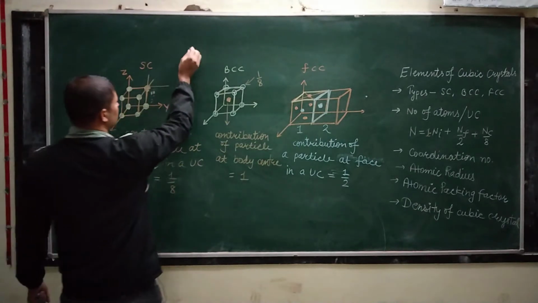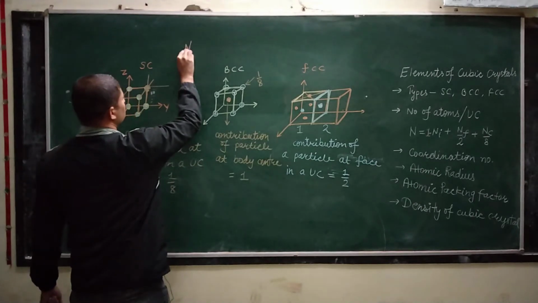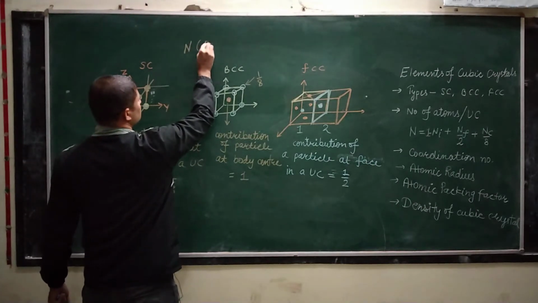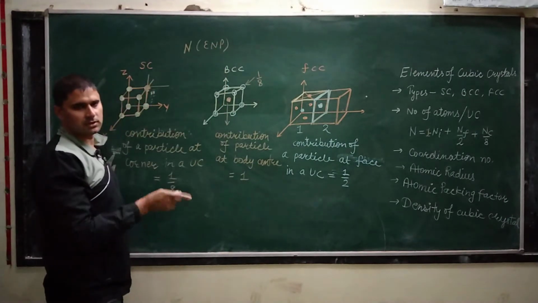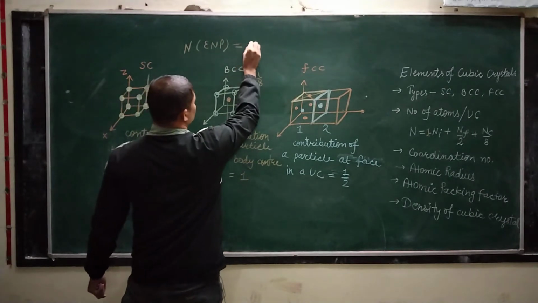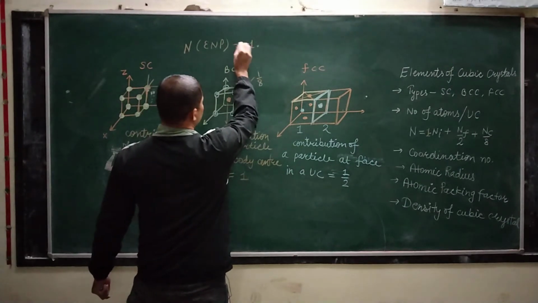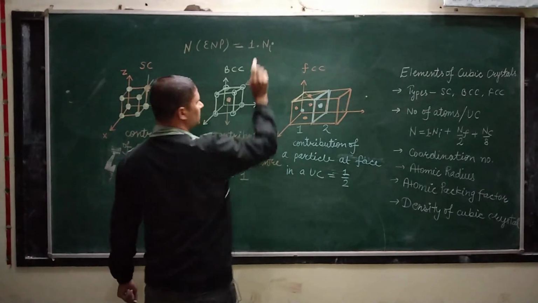I am writing it again here. The number of particles n, this is the effective number of particles. In short, the effective number of particles in the cell is equal to one time, meaning full contribution, of the particles which are present inside.